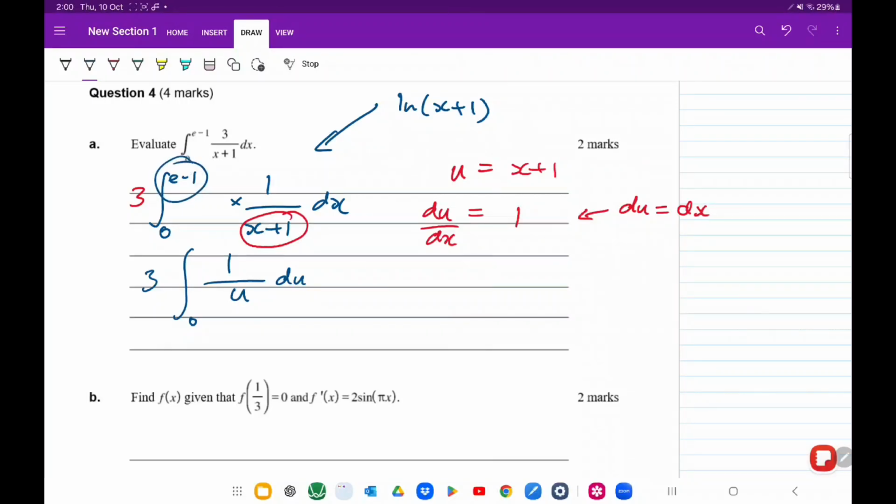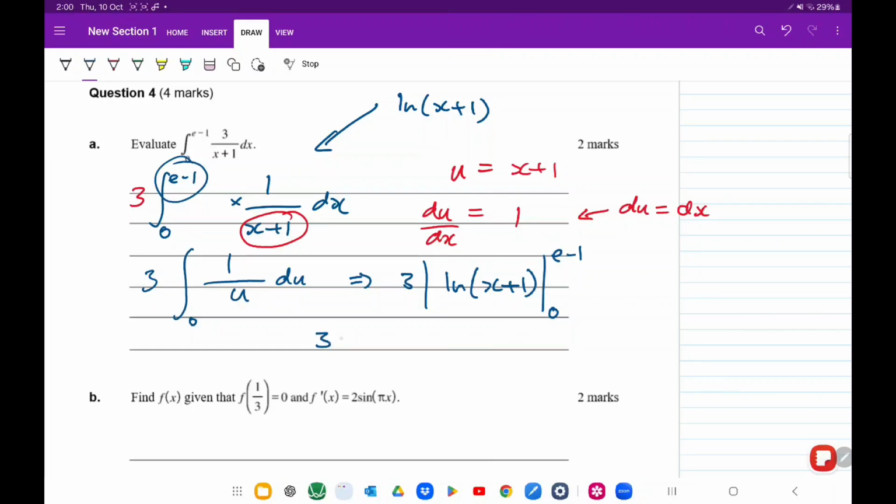From this point, the antiderivative of 1 over u is ln u, so this becomes 3 ln u, but u I can substitute back into x plus 1. We want to evaluate that from 0 to e minus 1. So you end up getting to that point anyway, but I strongly suggest that if possible, you learn the shortcuts for this.